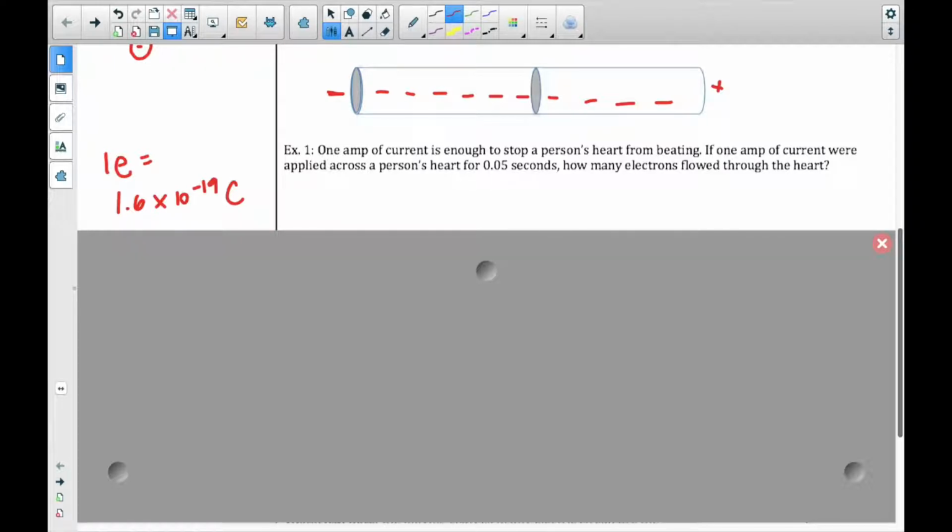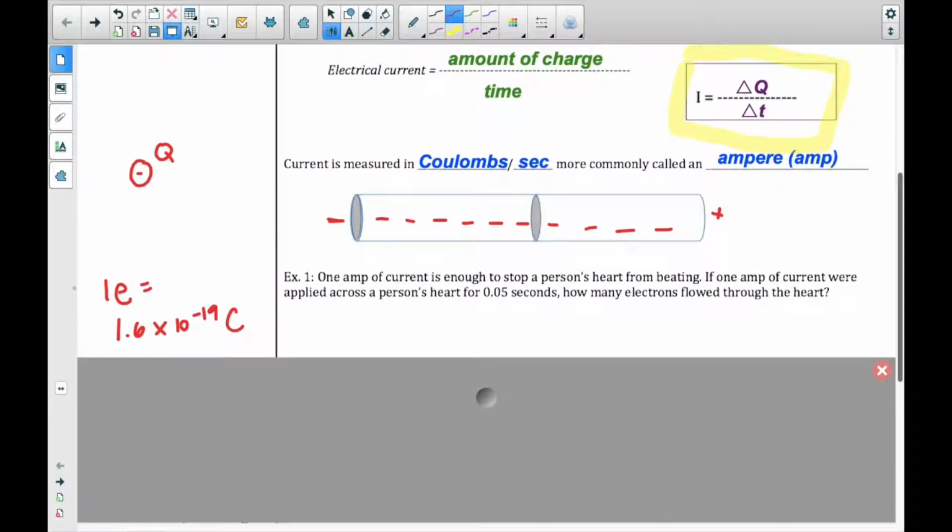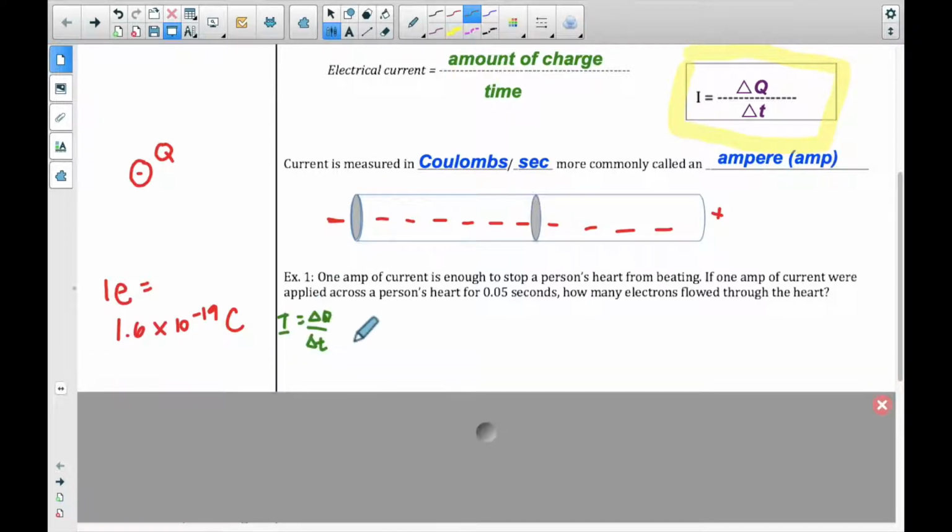We're going to use that formula from a minute ago, I equals delta Q over delta T. I is current, measured in amps. We have 1 amp, and the time is given as 0.05 seconds.